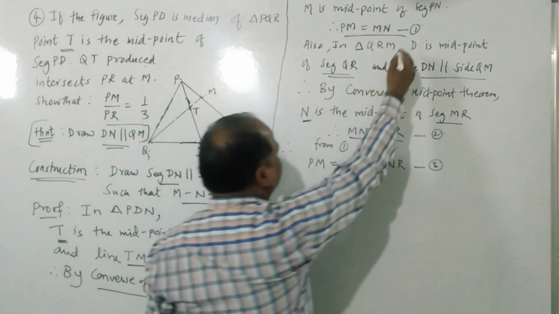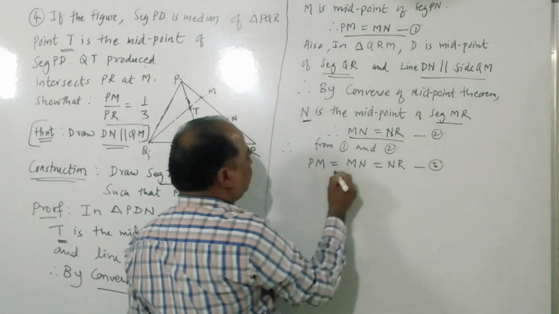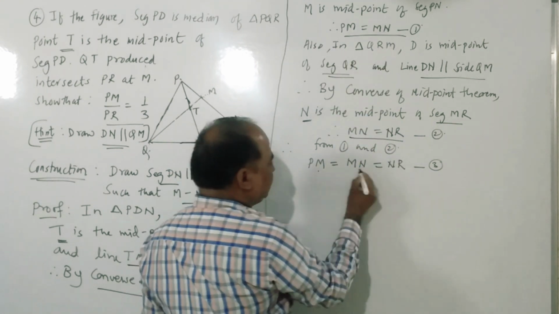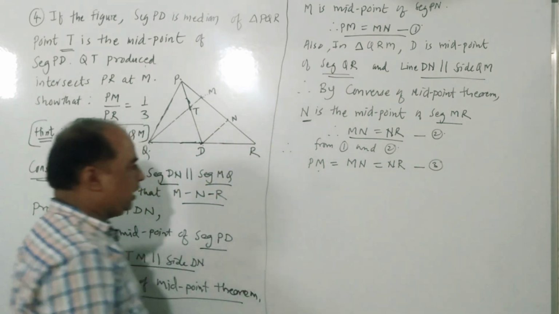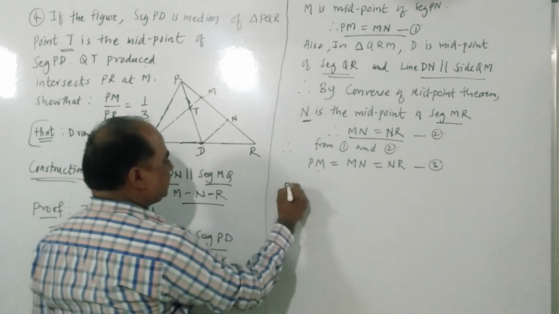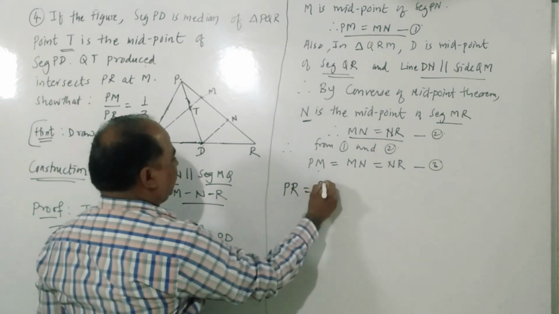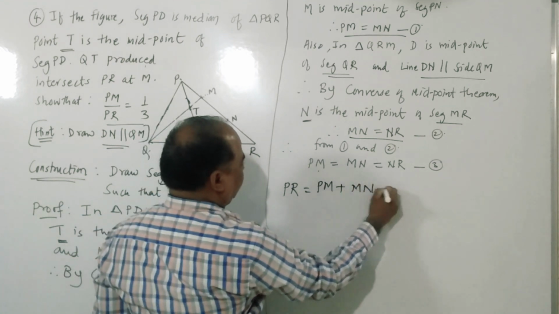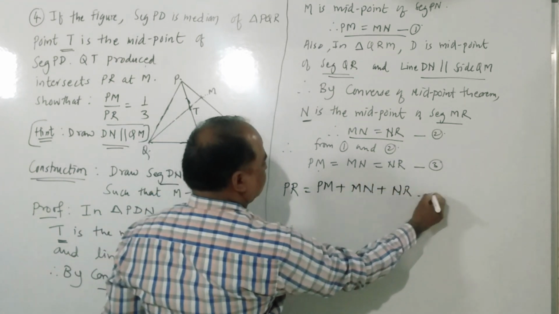Now from the first and second, we get PM is equal to MN and MN is equal to NR. So PM is equal to MN is equal to NR. Now side PR is equal to PM plus MN plus NR.